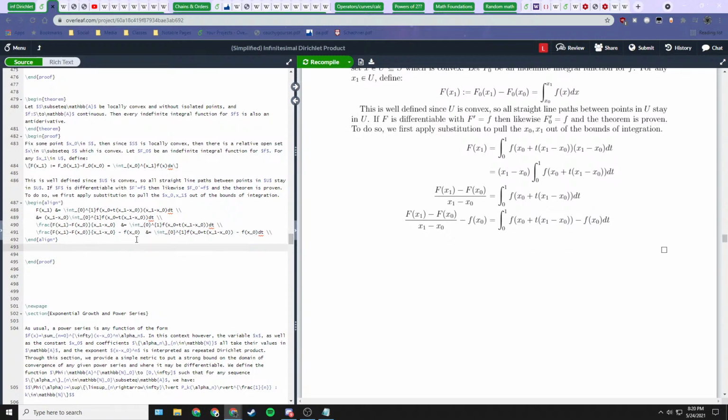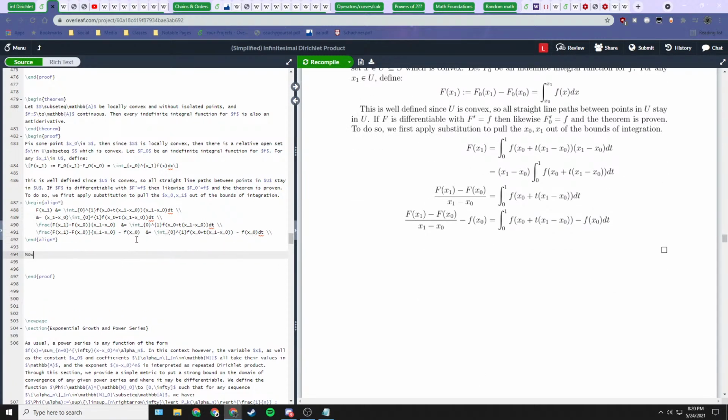Okay, so now we have this. So since f is continuous, as x1 goes to, oh, maybe we could actually replace this x1 with y. Fix a point x0. For any y, F of y minus F of x0 over y minus x0.